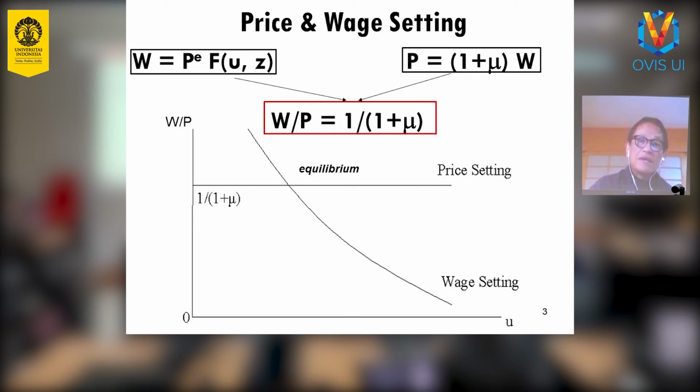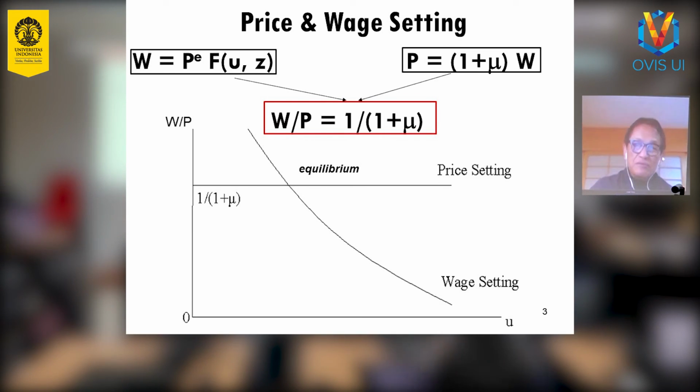So in the graph, this is represented by this negative relation, because as I said earlier, if mu increases, basically W over P decreases, right? Now, if you combine this with the wage setting equation here, remember the relation between U and W is negative, and the relation between Z and W is positive, then you can draw this curve basically.